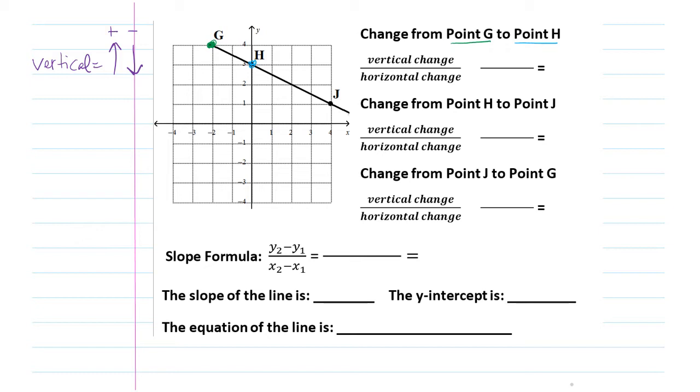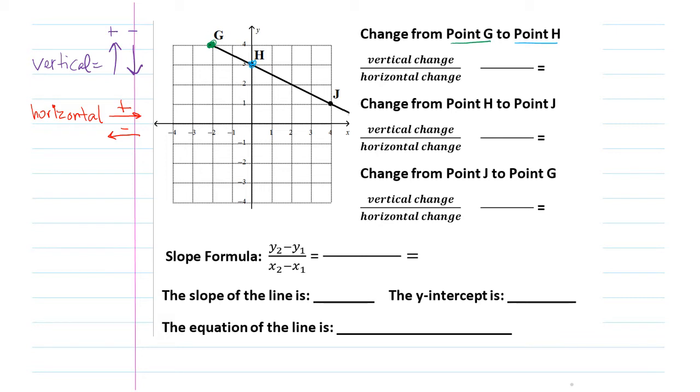And then we will look at our horizontal. Okay, our horizontal movement, if we move to the right, that's going to be a positive. If we move to the left, that's going to represent negative. Okay, so let's look here.